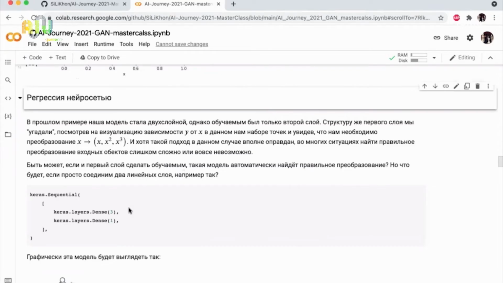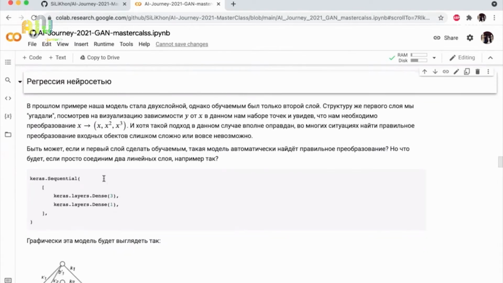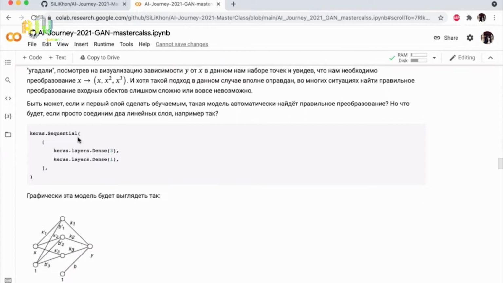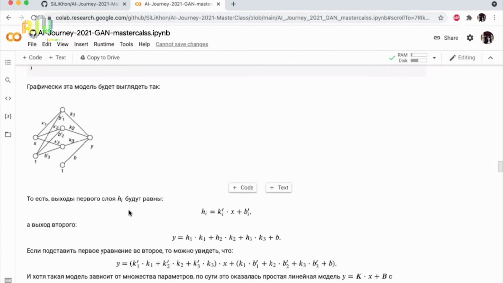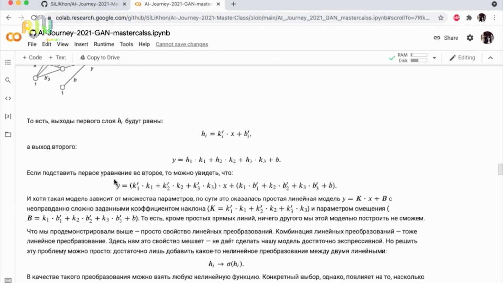We know just one transformation, the linear transformation, described by a class called dense, and we could graphically build it using 2 dense classes sequentially. But there is a problem. If we try to create it and see it as a dependency of x from y, again it would be a combination of parameters.